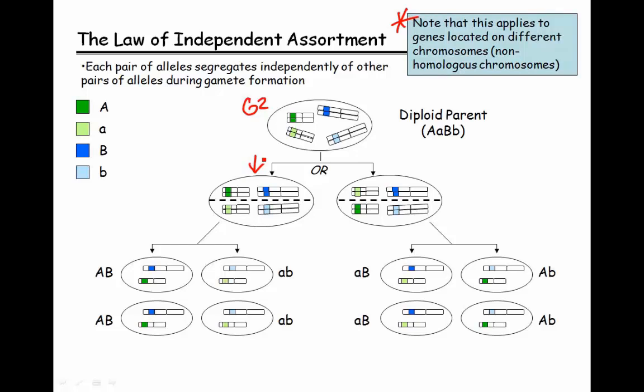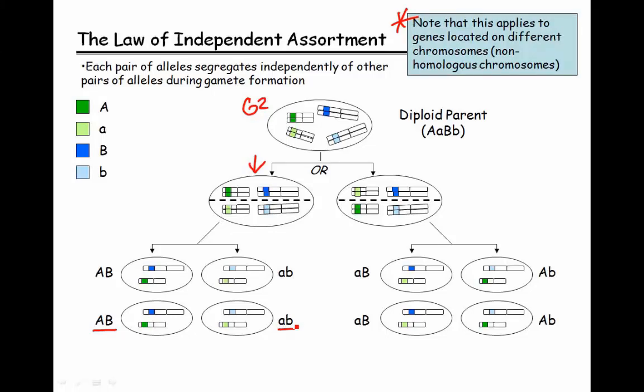If that is the case, once those chromosomes are pulled apart and we finish out meiosis, we would expect to get half of our gametes having a capital A, capital B, or the 2 dark colors in them, and we would expect half of them to get the 2 lowercase or light colors inside of them.